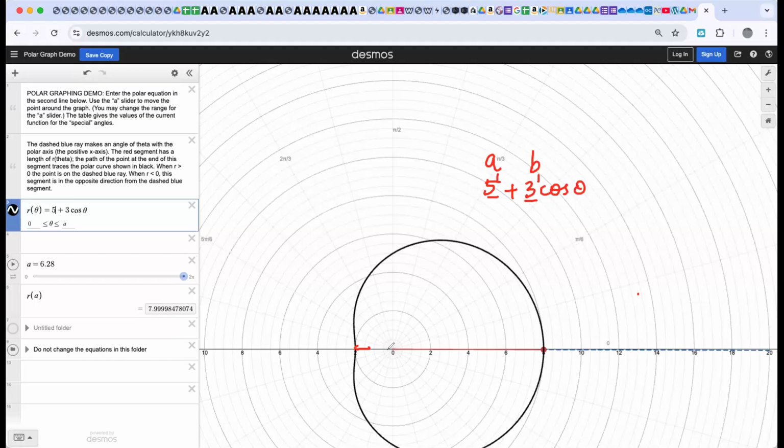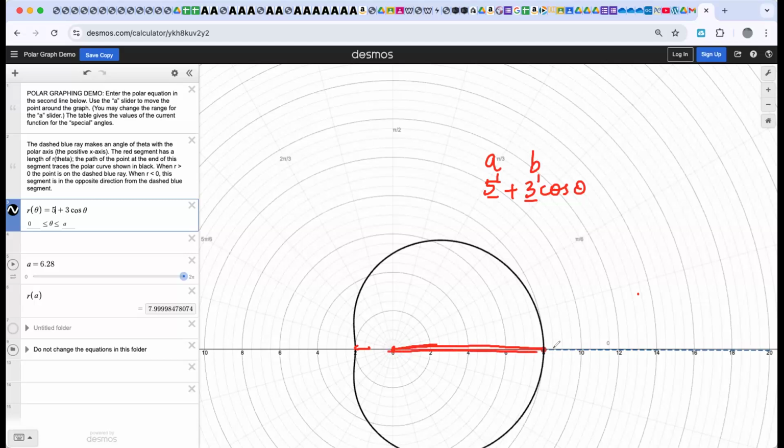Do you see? So here it starts with 0. Do you see 5 plus 3, 8?